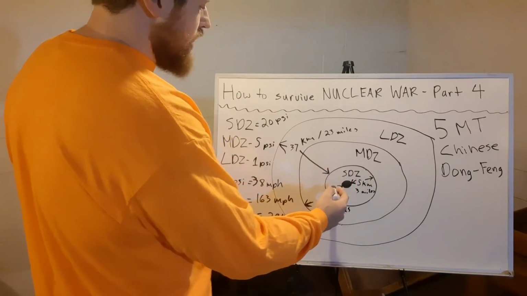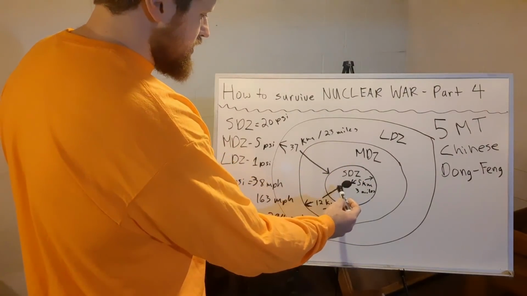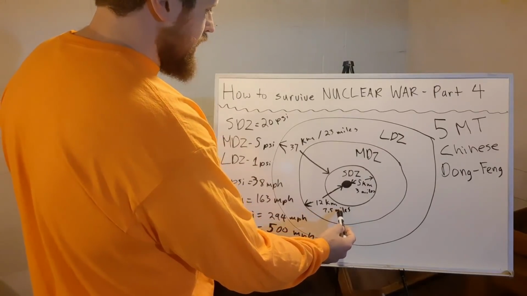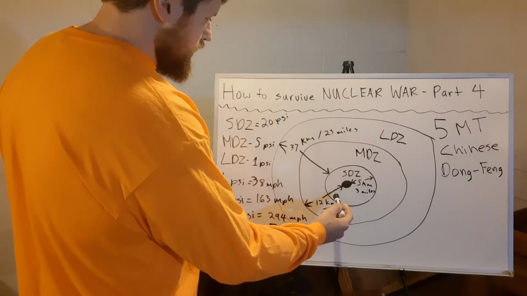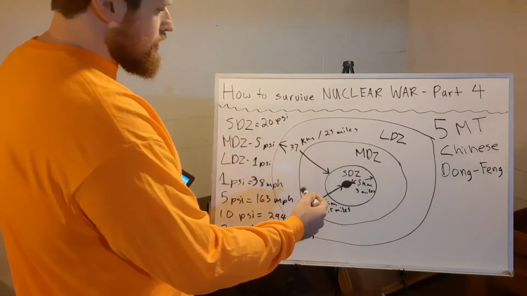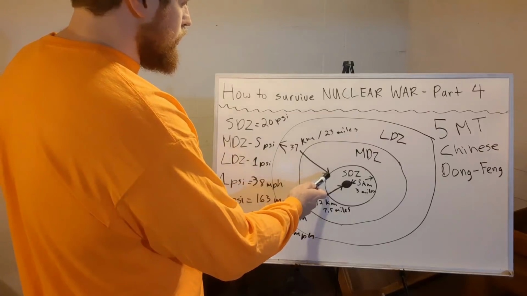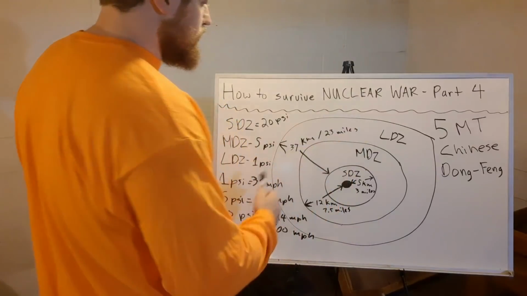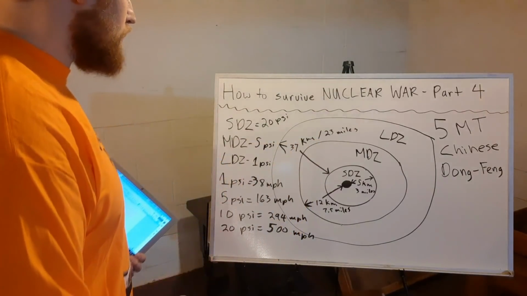Moving outside of that, the moderate damage zone extends 12 kilometers or 7.5 miles from the detonation point. Then outside of the moderate damage zone, you have the light damage zone, which you have to go 37 kilometers, or 23 miles, to escape.